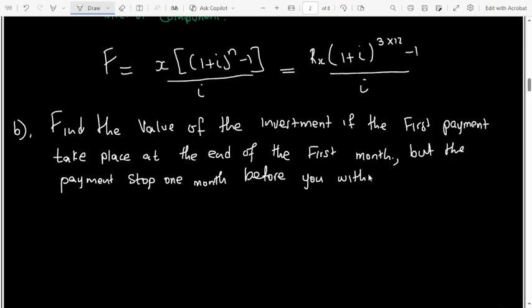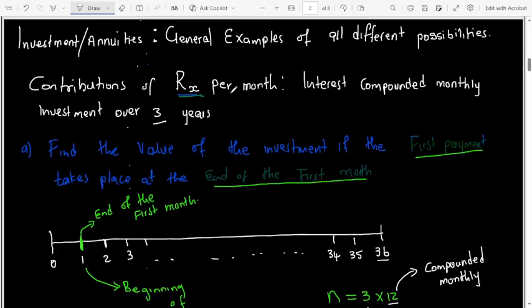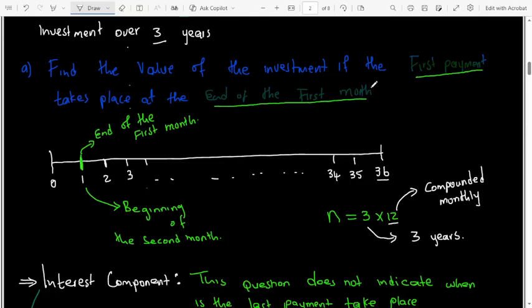I need you guys to understand the difference between these two examples. Ladies and gents, look at this question. The first question we said the contribution of Rx per month, interest and so on. The first question A, find the value of the investment if the first payment takes place at the end of the first month. On this one, they did not indicate where the last payment stopped.